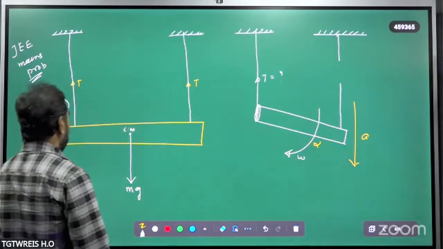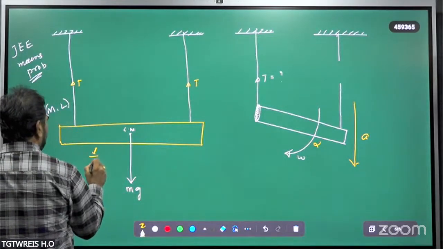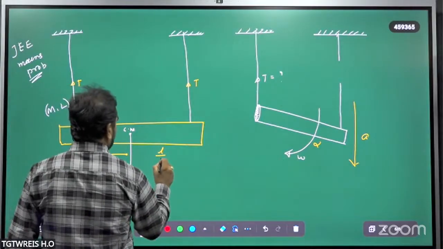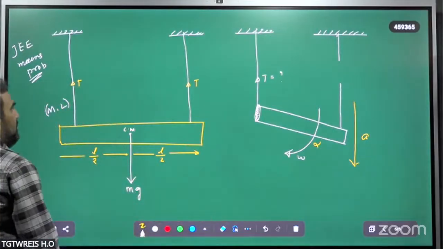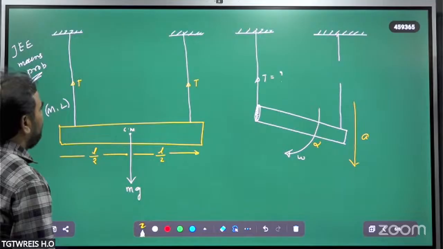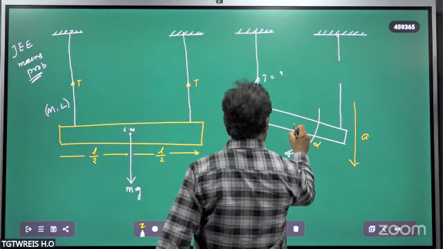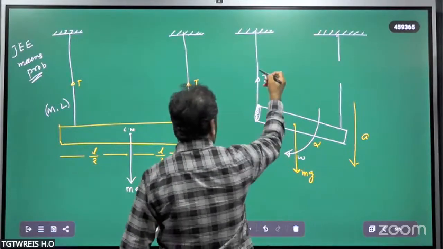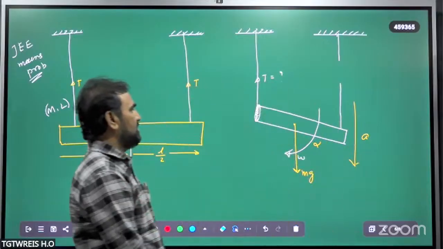So what would be the distance of the center of mass from this point of contact? It would be L by 2, beta. The remaining length is also L only. Now, from the free body diagram, it is very clear that mg acts downward at the center of mass, and the tension force acts upward, and the rod is coming downward with an acceleration a.